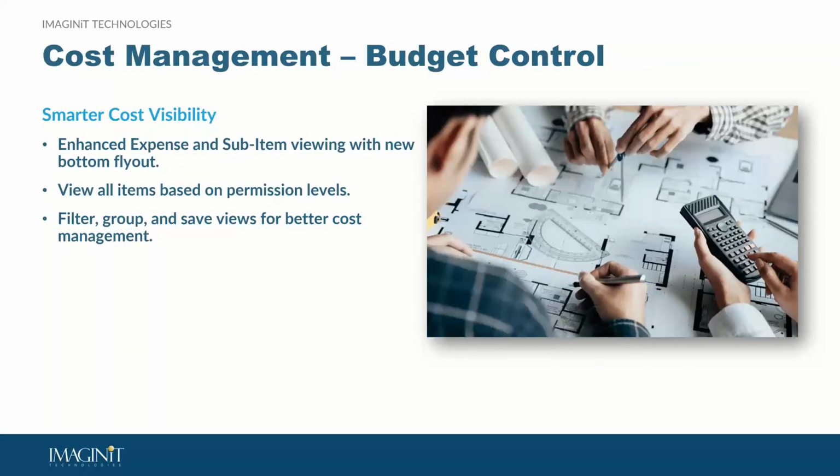Okay, so now we can pivot and take a look over at our cost management. In this case, we will start with budgeting control. So we have better visibility now. We can now see into our expenses and sub items within a given line item.